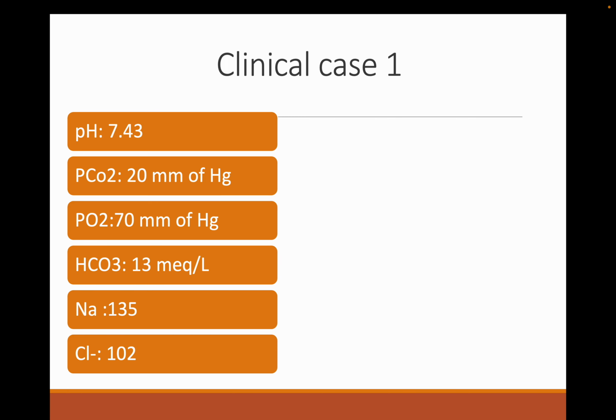Then you check the delta ratio, to see whether it is NAGMA, HAGMA or metabolic alkalosis. For every corresponding change in anion gap, there should be a significant change in bicarbonate also. Let's say the anion gap changes by 8 and bicarbonate also changes by 8. That means the ratio will be 1, meaning there is no compensation with chloride. That is HAGMA.